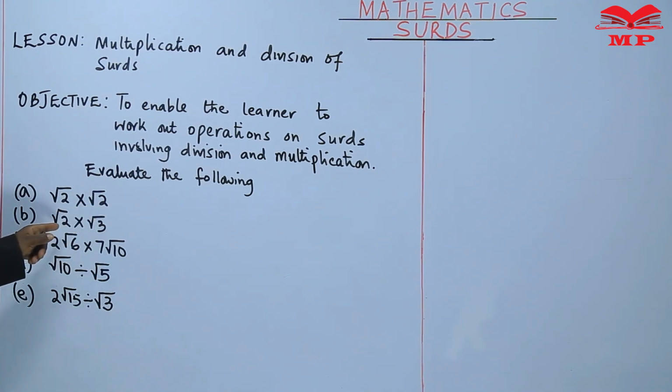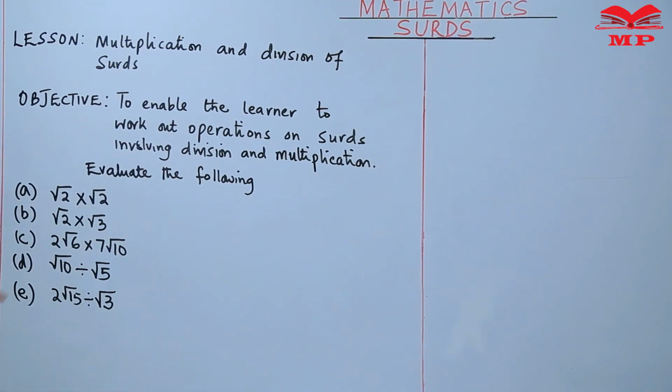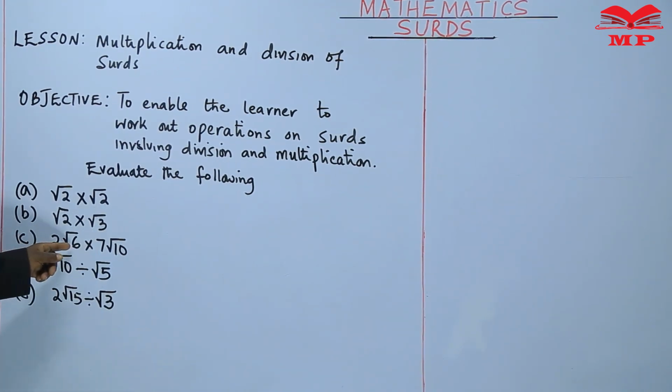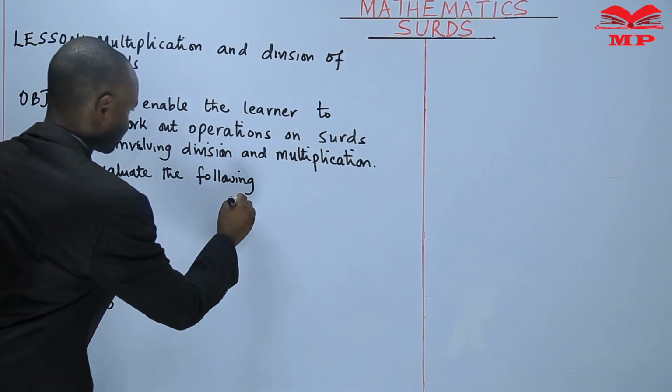B, square root of 2 times square root of 3. C, 2 square root of 6 times 7 square root of 10. D, square root of 10 divided by square root of 5. And E, 2 square root of 15 divided by square root of 3. So let us look at the solutions.